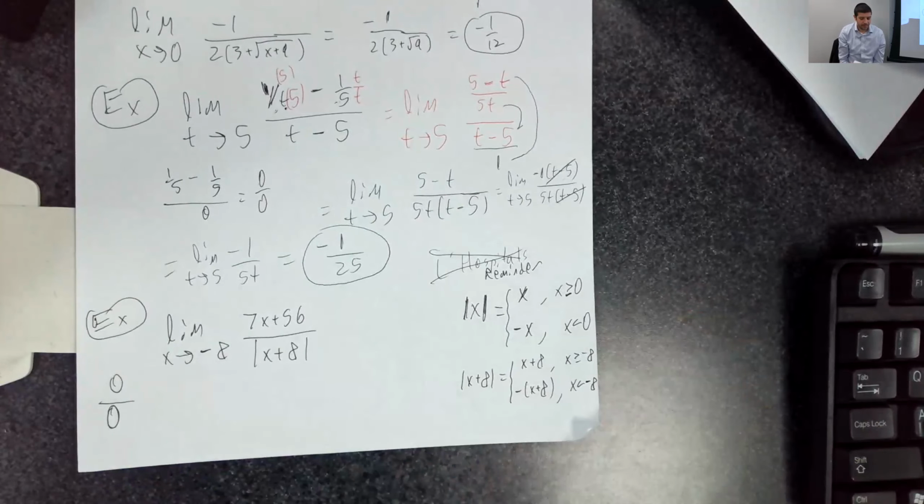So in order to do a problem like this and get rid of the absolute values, you'll have to take the limits left and right. Limits left and right will tell you which side you're on for the absolute value.